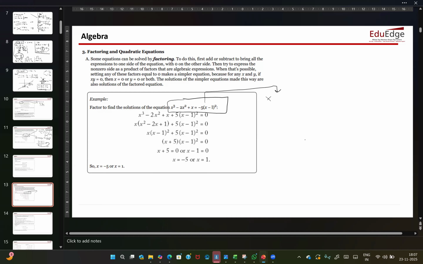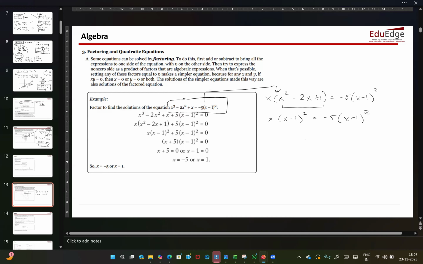It's in cube there. So I can write this as x square minus 2x plus 1, and the RHS as it is for now. Then we observe this is a square. So can I write x minus 1 square is equal to minus 5?